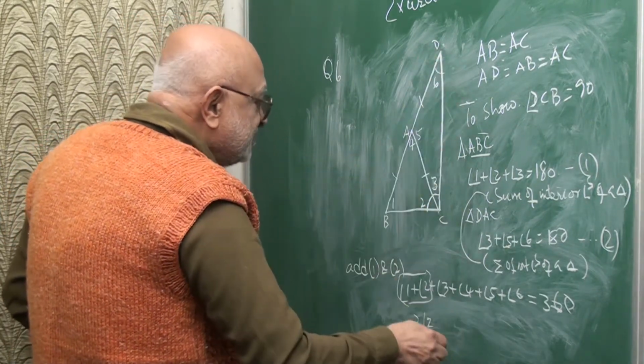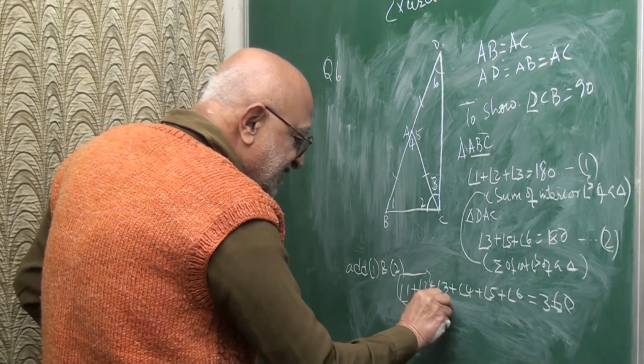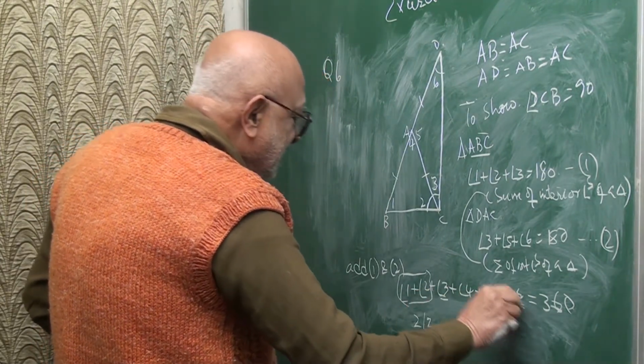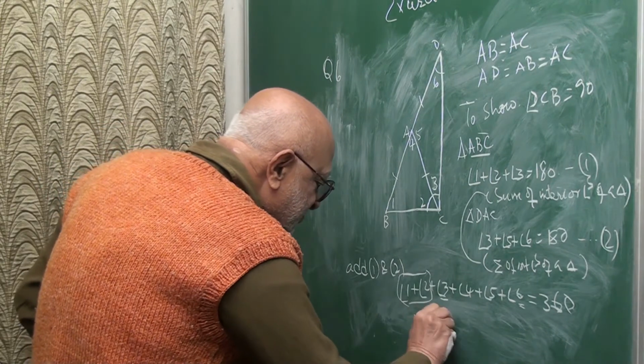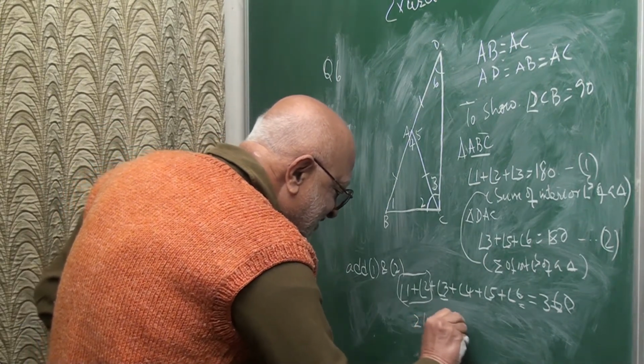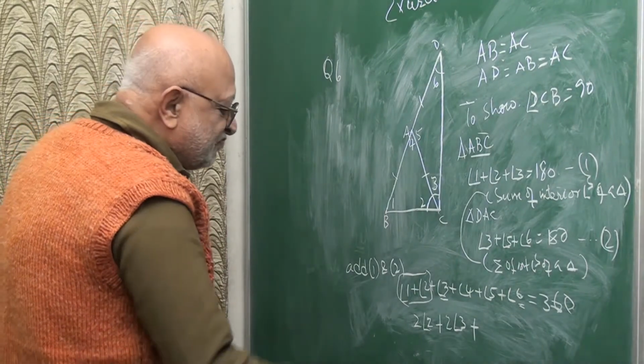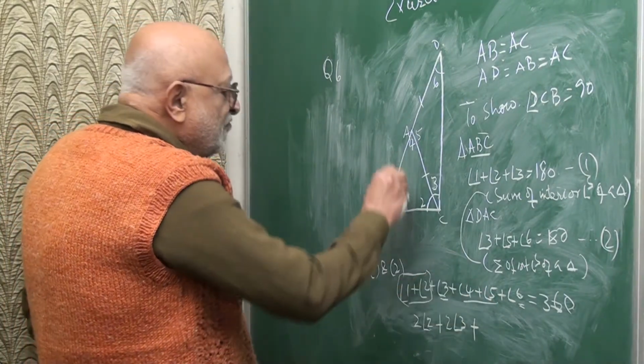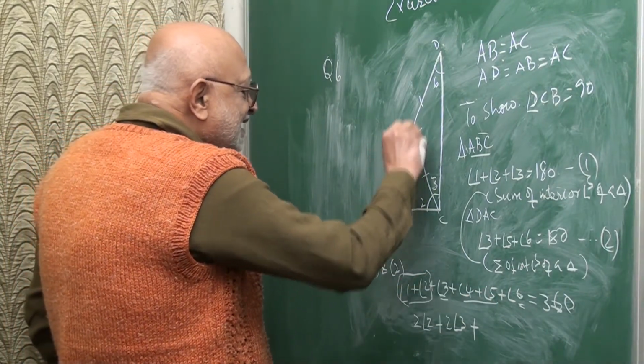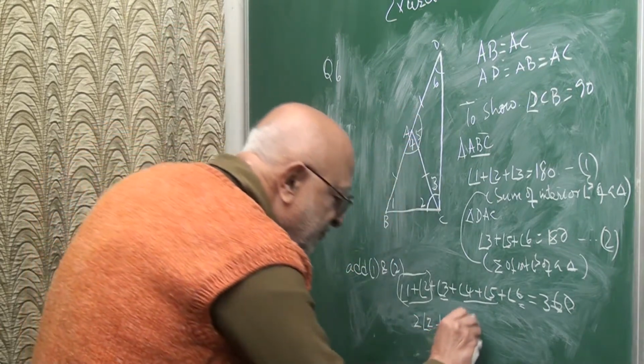So I will take 3 and 6 and write plus 2 into angle 3. Now what is left is 4 and 5. This angle and this angle would be equal to 180.